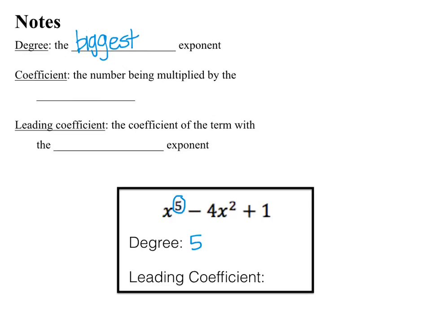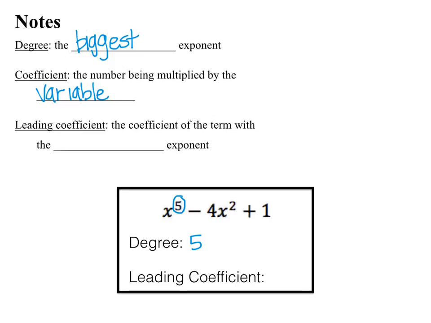The next thing we have is the coefficients. A coefficient is just the number that's being multiplied by the variable, or simply the number in front of a variable. There's a specific type of coefficient that we're going to be talking about today. It's called the leading coefficient.